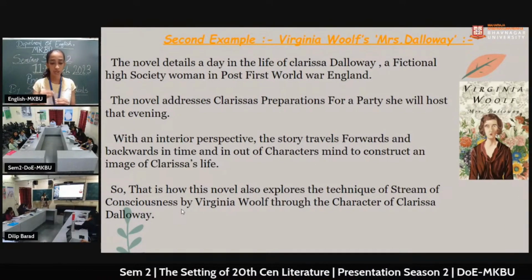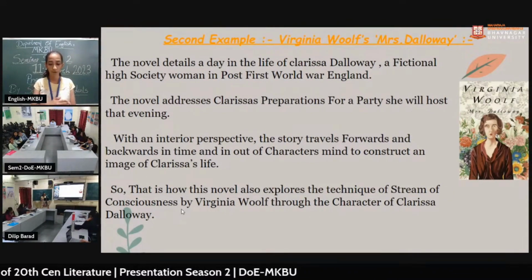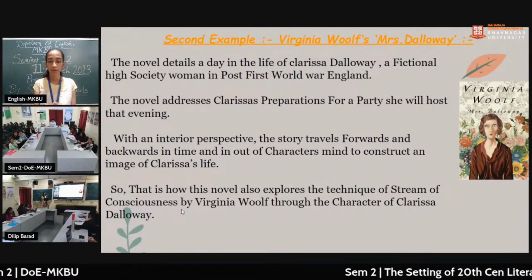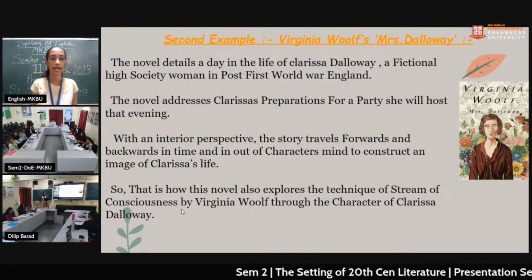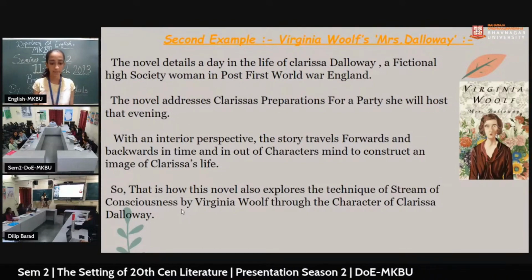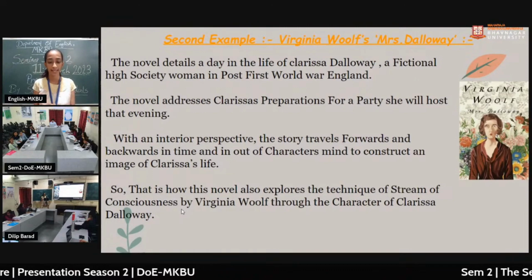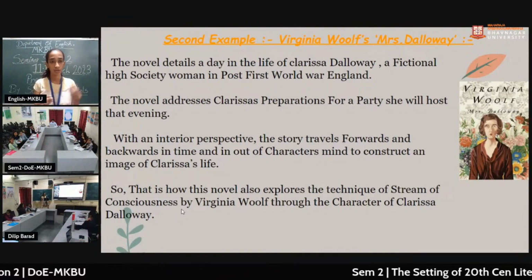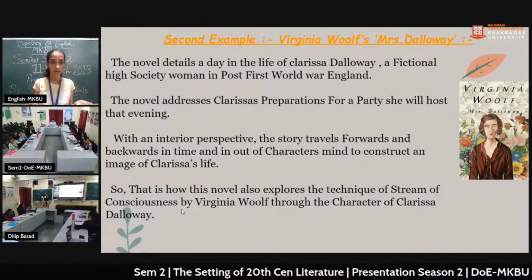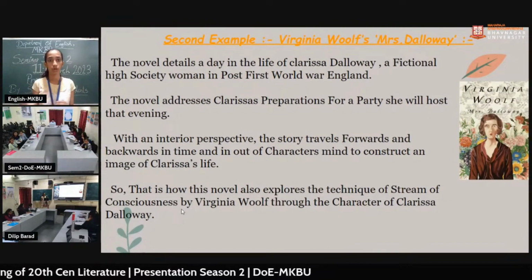So that is how this novel also explores the technique of stream of consciousness, by Virginia Woolf, through the character of Clarissa Dalloway. This novel, Mrs. Dalloway, does not depict any kind of plot or vivid picture or imagery, but it depicts one important character and narrator, Clarissa Dalloway, who continuously passes from one thought to another, and at one time she goes back to her past memory, and after that she comes back into her present memory.